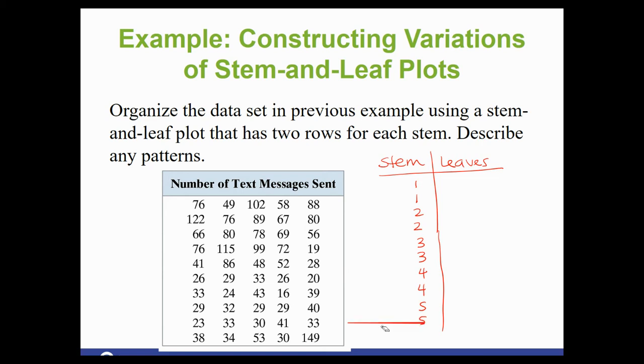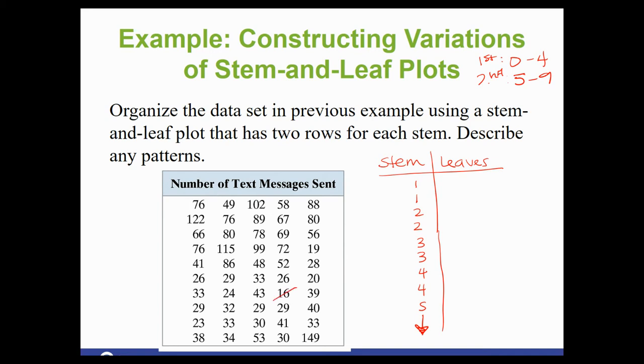For the first row, your leaves are all 0 to 4, and your second row, your leaves are all 5 through 9. That way there's the same number of digits split. So 0 to 4 is 5 different digits, 5 to 9 is also 5 different digits.